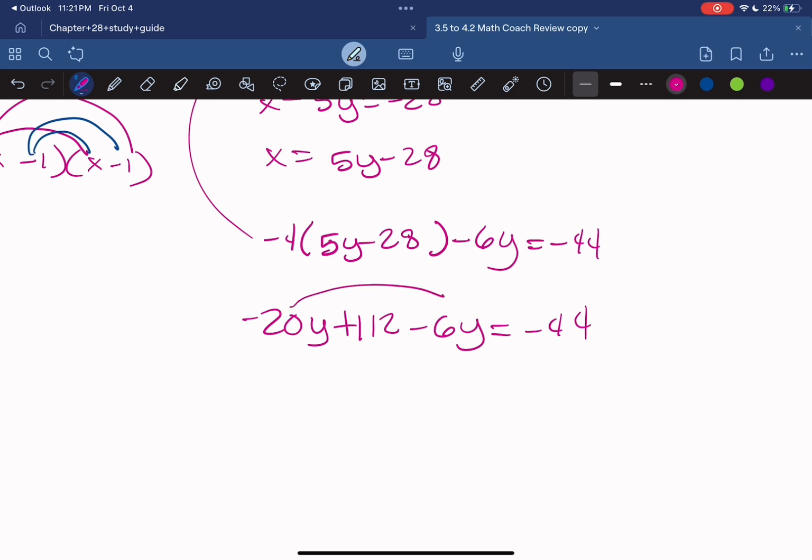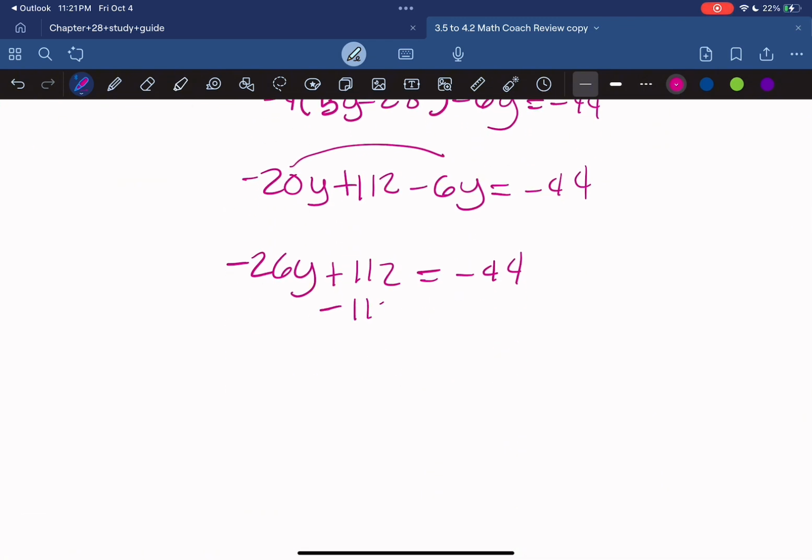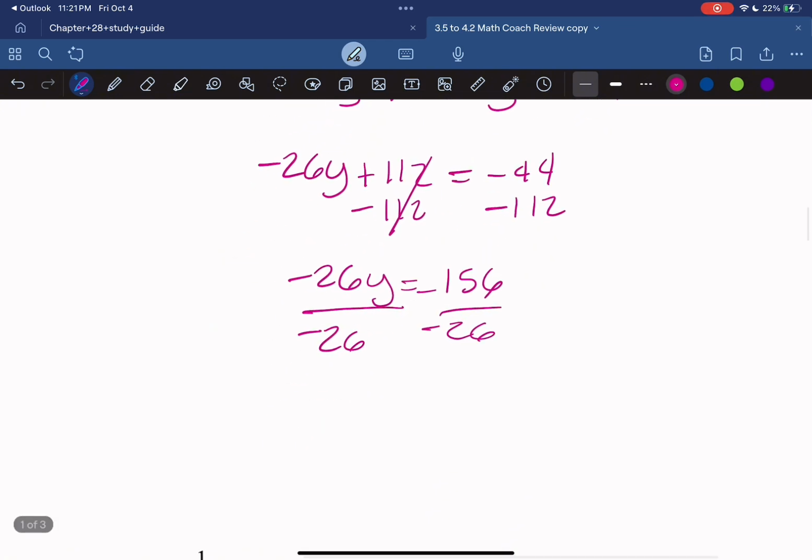Negative 20 minus 6 is going to be negative 26y plus 112 equals negative 44, minus 112, minus 112. Negative 26y is going to equal negative 156. And if we divide both sides by negative 26, y is going to give us 6.